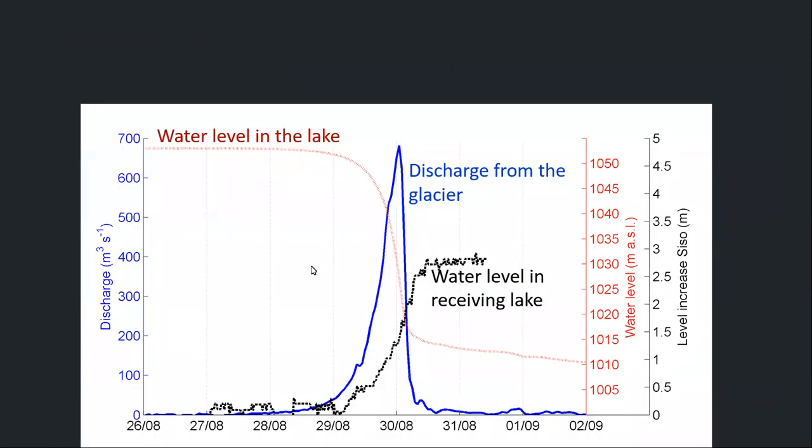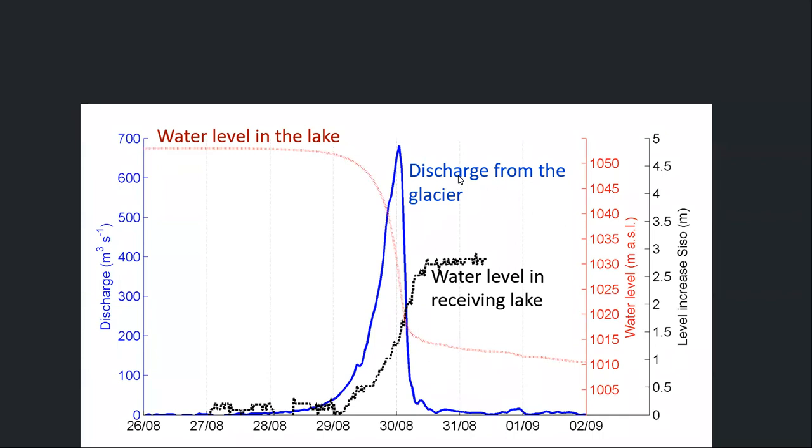So let's consider that draining lake. We have here in red the water level of the lake. So as we go in time, at some point, whoop, that water level falls, meaning that the water is going somewhere, it's leaving the lake. The lake is emptying.